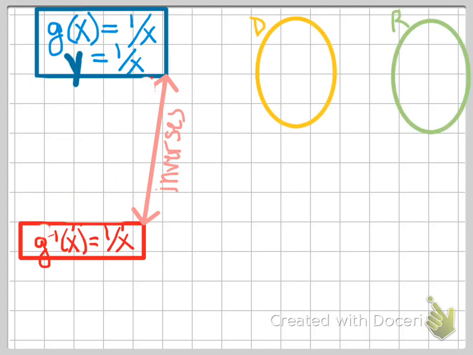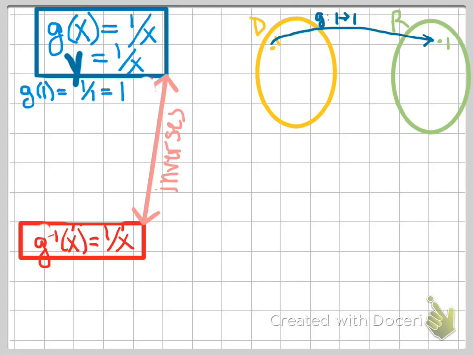So taking away that work, I see that I have a domain and I have a range. Let's test some points. Let's see if these really truly are inverses of each other. If I input 1 into my original blue function, g of 1 is equal to 1 over 1, which simplifies to 1.